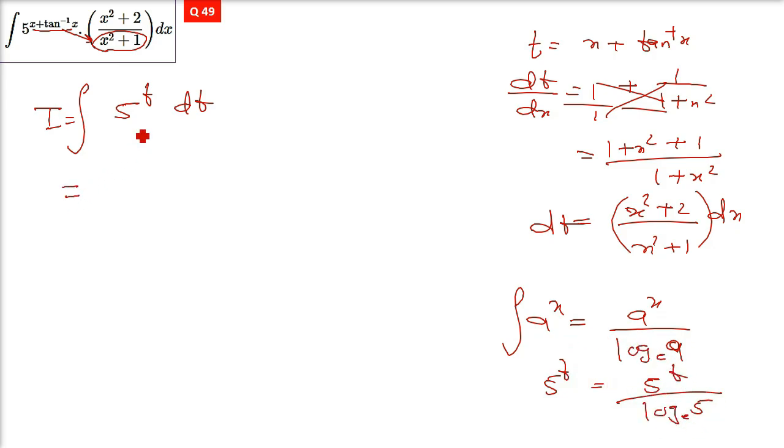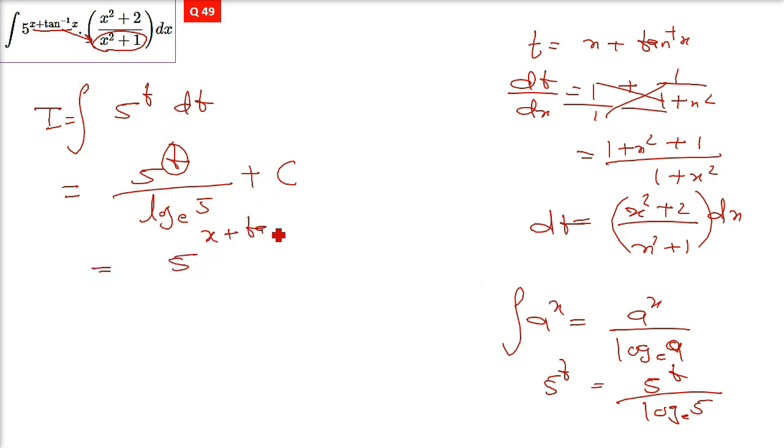So 5 raised t divided by log base e 5 plus constant of integration. T was x plus tan inverse x, if you remember. So 5 raised x plus tan inverse x divided by log 5, ln also you can write, or log e, it's up to you, plus constant of integration. This is your final result.